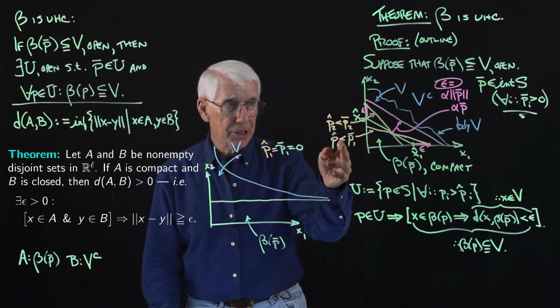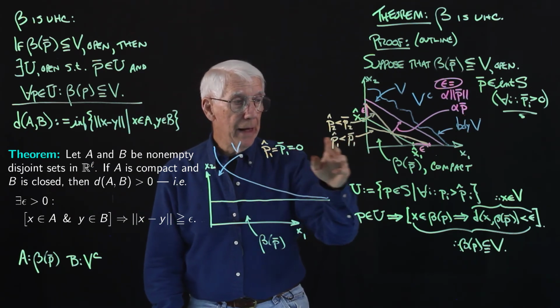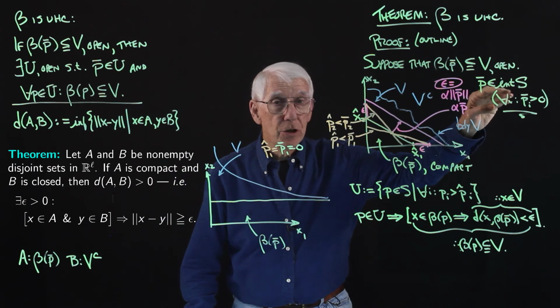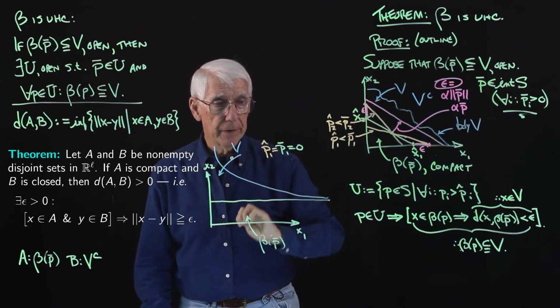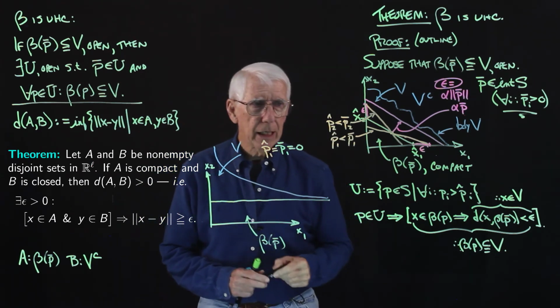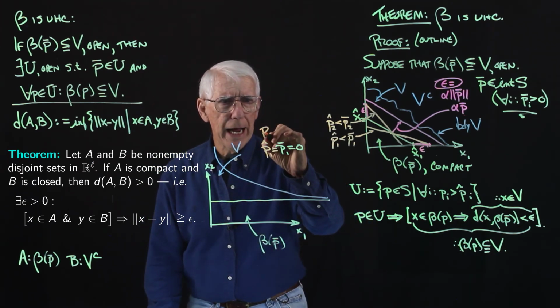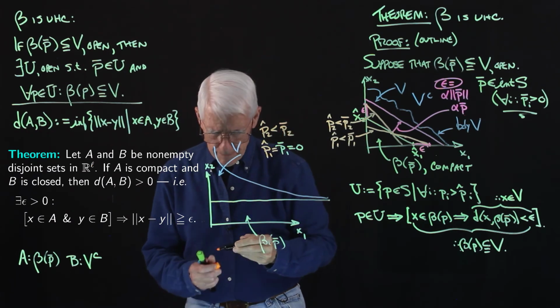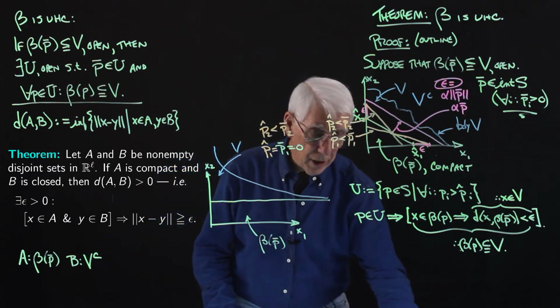So we don't have it less than P1 bar, we have it equal. That doesn't change U from being an open set relative to the simplex. That'll still be the case. We'll still have P2 hat less than P2 bar, but let's see how we're going to construct that P2 hat.